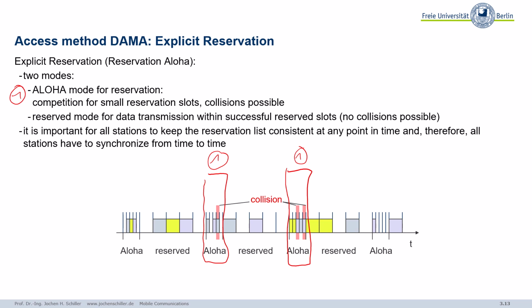There's competition. We have small reservation slots. There we might have some collisions. So we actually can get a random number, and then the sender says, okay, I tried in slot number 3, or I tried in slot number 5, or whatever. The collisions will happen at the receiver side, which is the satellite, for example.